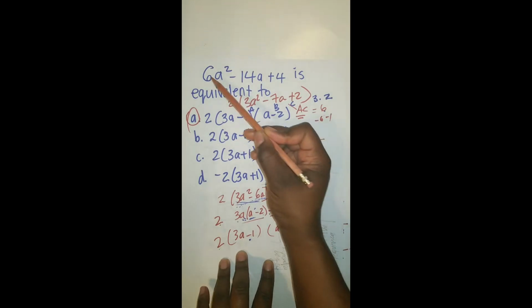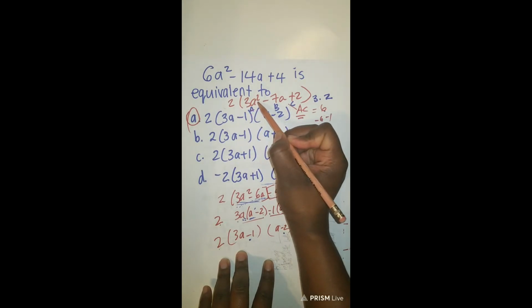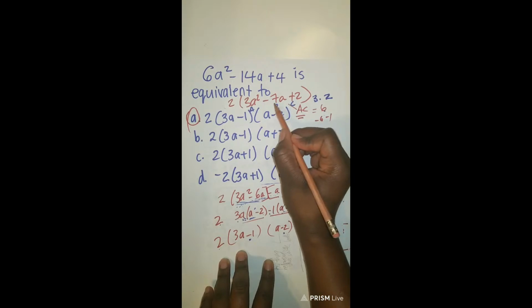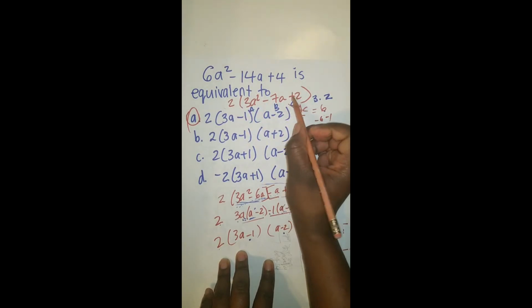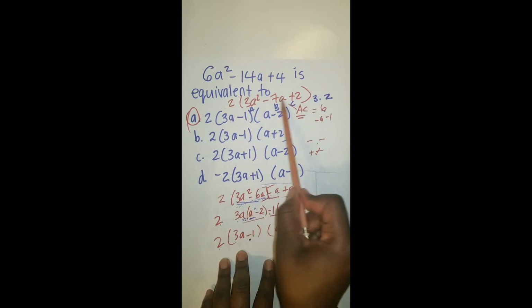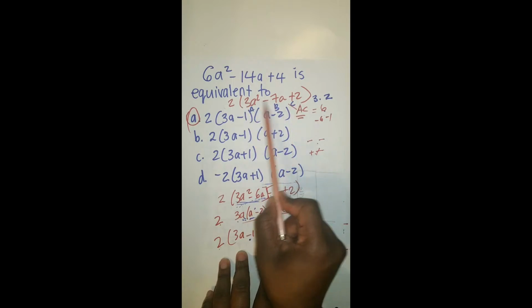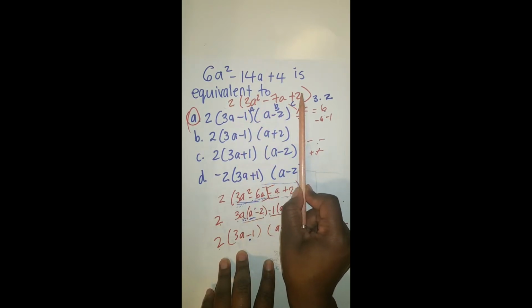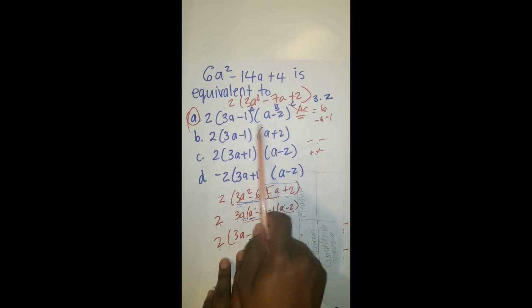So 2 into 6 goes 3 times, so it's 3a squared. 2 into negative 14a goes negative 7a. 2 into 4 goes 2. So from here, the initial part, 3a has been in the answer. What I did here, Ricey, was to ignore the 2 for a while and work the bracket. The bracket here is a quadratic, so we use the AC method to get a binomial for the answer.